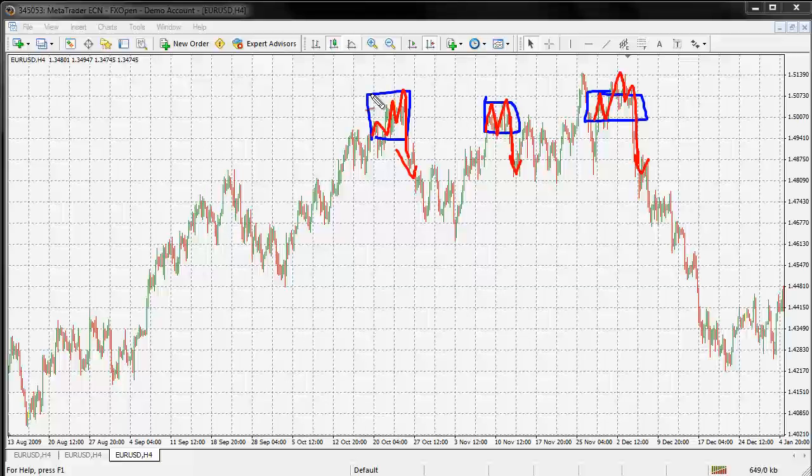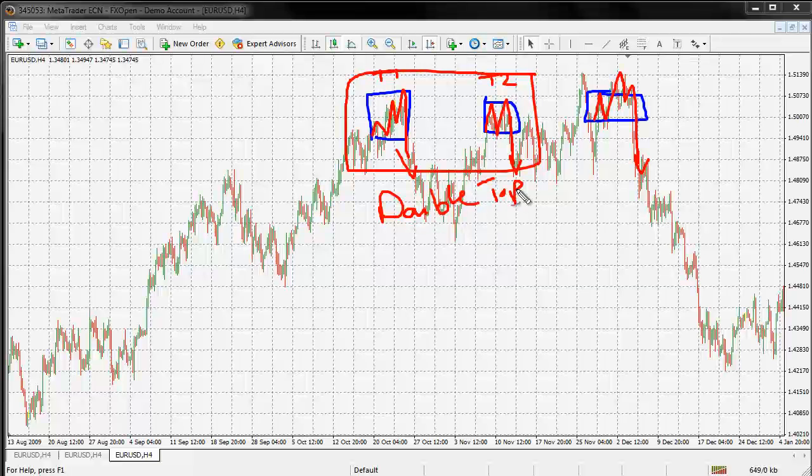When these tops are formed, they are referred to as a double top or triple top. We've got top number 1, top number 2, and that section there is referred to as a double top. Where there's a double top, the market is likely to reverse and come back down.